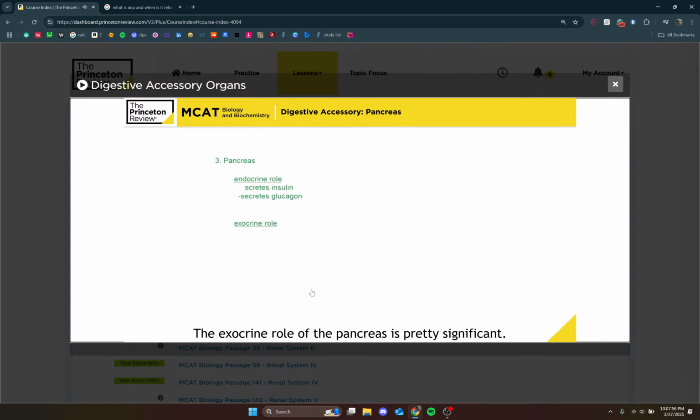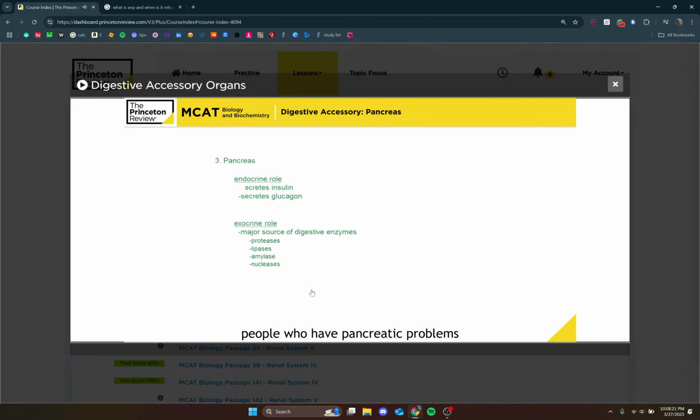And these, of course, are involved in carbohydrate regulation, blood sugar regulation. The exocrine role of the pancreas is pretty significant. This guy is a major source of digestive enzymes for your GI tract. It produces at least one and sometimes several enzymes for each of the major macromolecules. So several proteases, a couple of different lipases, amylase to digest starch, and nucleases to break down nucleic acids.